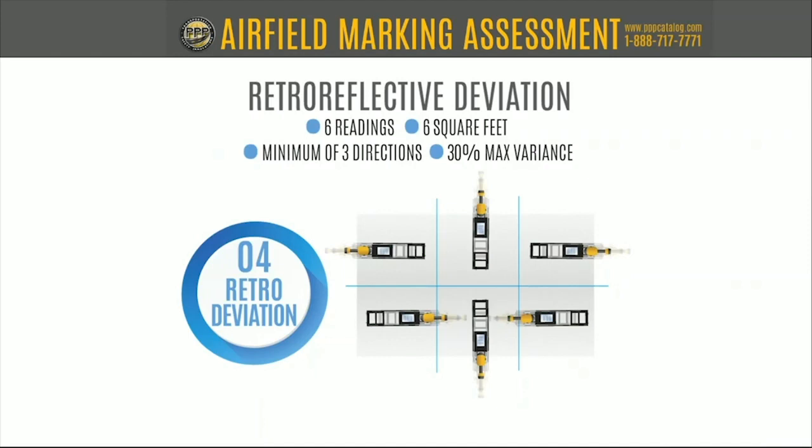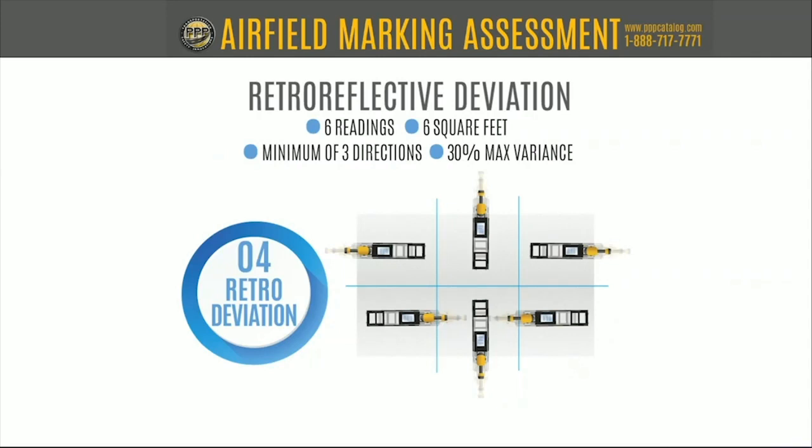I think it's very smart to specify because with any equipment measuring reflectivity, you can get really good averages, but that doesn't tell you how uniform it is or how pilots or even drivers of ground vehicles perceive it.